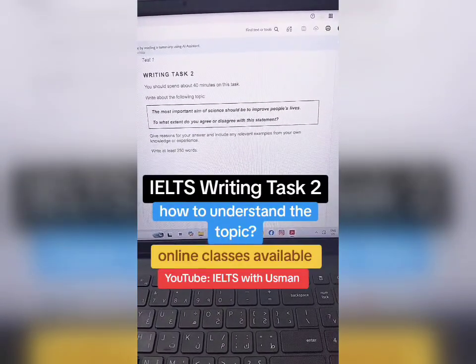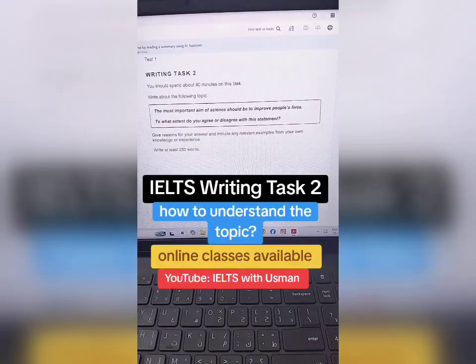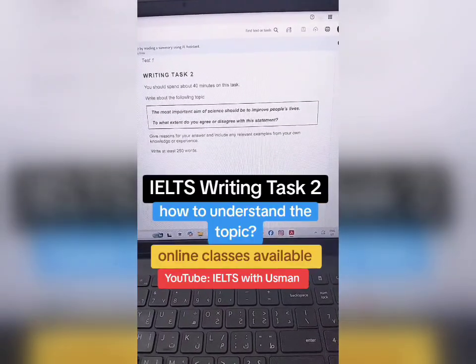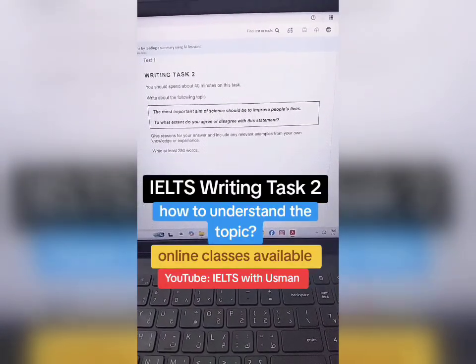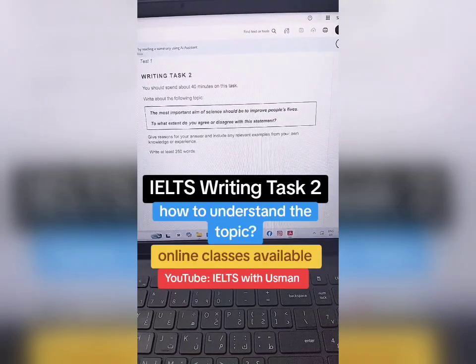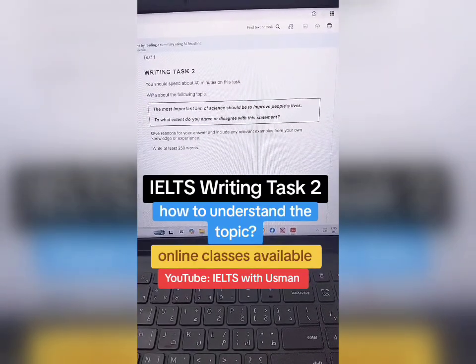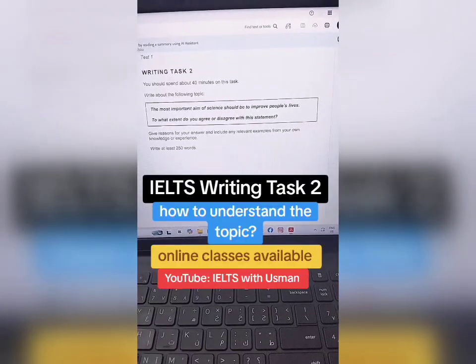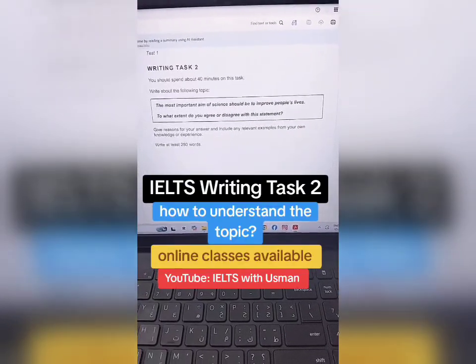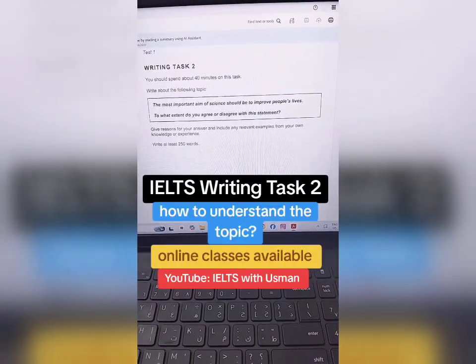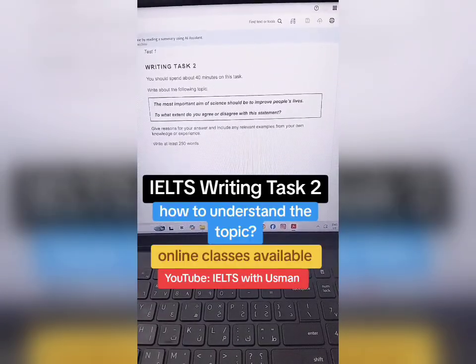So you can say that science has improved people's lives. How has it improved people's lives? You can give examples of transportation, communication, industry. Everywhere science is doing its work.